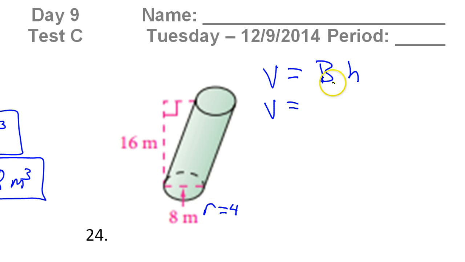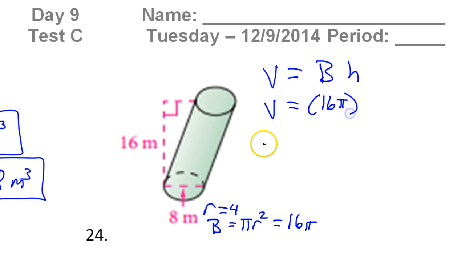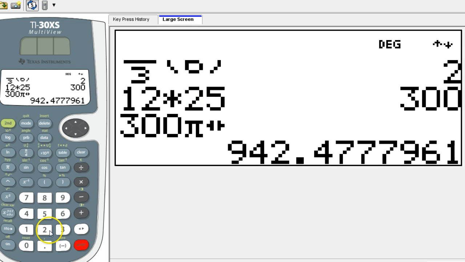So the area of the base is pi r squared, which is 16 pi. Now the height they just gave us directly is 16. So it's just a matter of what's 16 times 16.